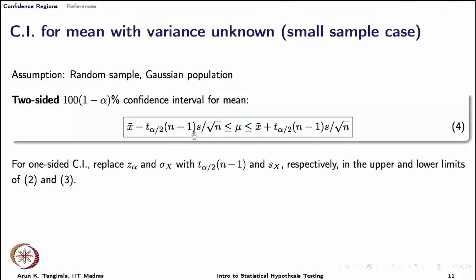So, here equation 4 gives you the two-sided 100(1 minus alpha)% confidence interval for the mean when the variance is unknown and the population has a Gaussian distribution and the sample size is small. If the sample size is large, you replace the t with z there. So, clearly the choice of alpha plays also a role in the confidence region.